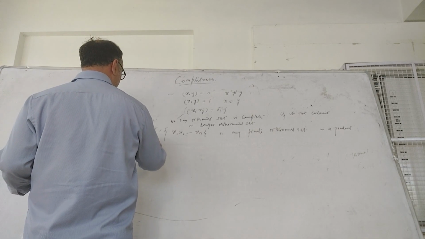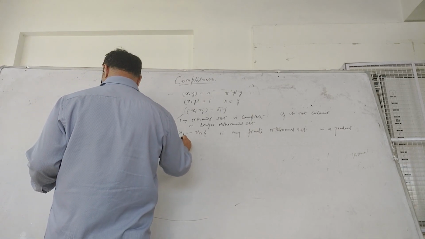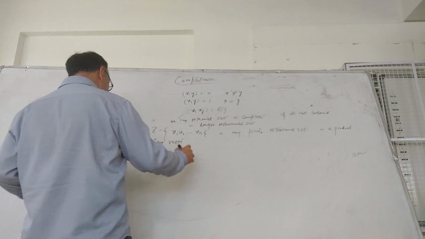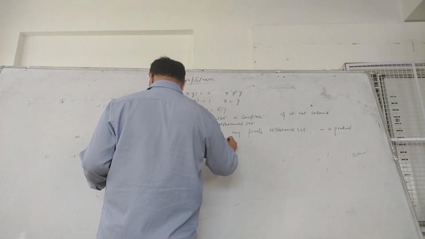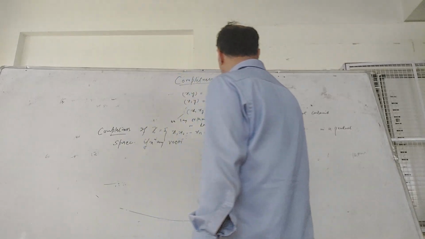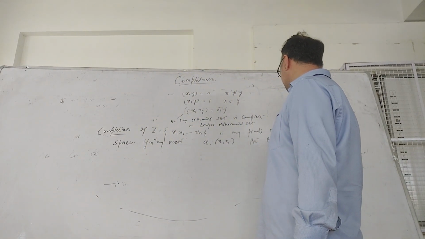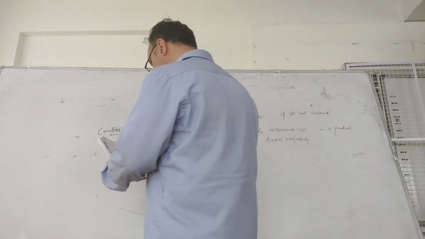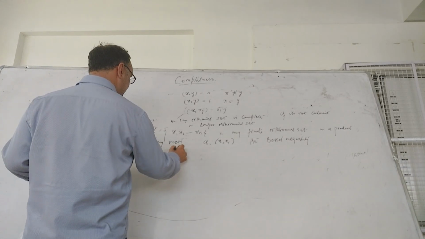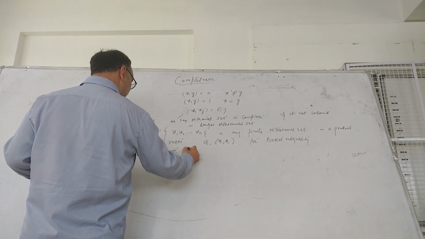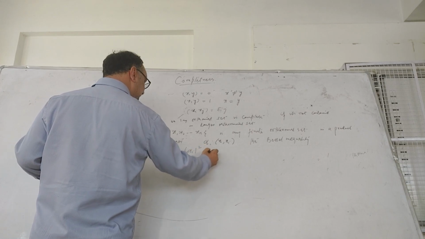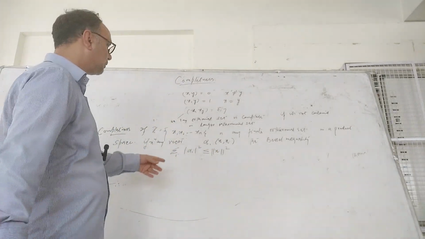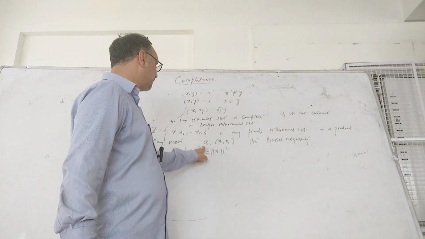If x is any vector and alpha i is the inner product of x and xi, then there is an inequality called the Bessel inequality, which says the sum of alpha i squared is less than or equal to the norm of x squared.